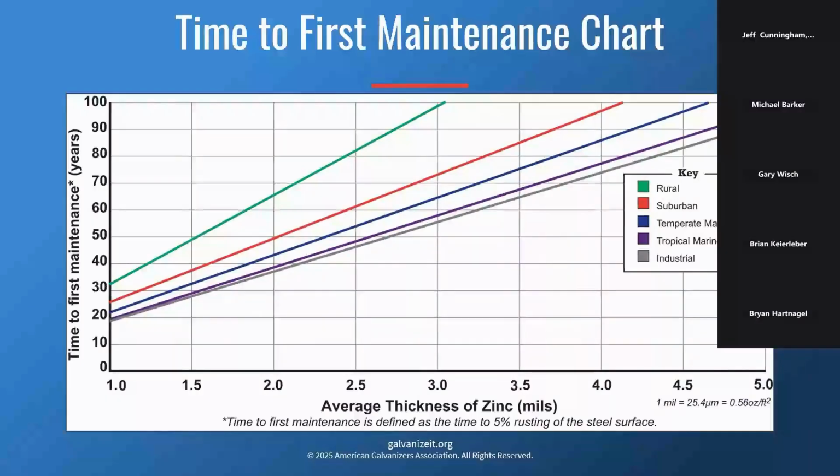We're still looking at about 75 years before 5% rusting of the steel surface. We could get out there and see that there might not be 5% rust, or it's past its design life. It might only be 70 or 75 years. So this gives you an idea of how long galvanized steel lasts in some of the harshest climates.